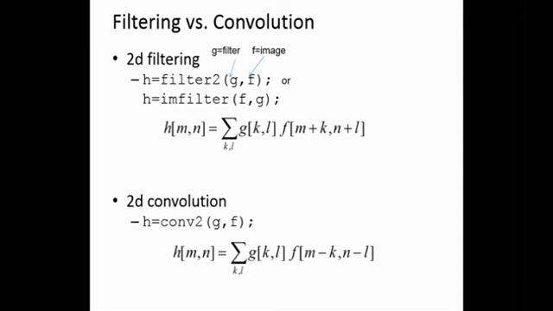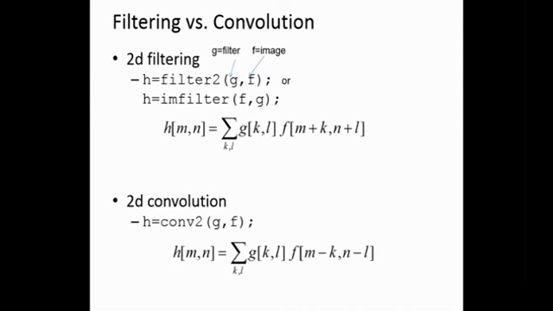2D convolution has an equivalence to linear filtering, but in filtering you can think of it as lining up the filter with the image and taking the dot product. In convolution, if you're doing a sum over the elements of the filter k, l, instead of it being m plus k and n plus l, it's m minus k and n minus l.